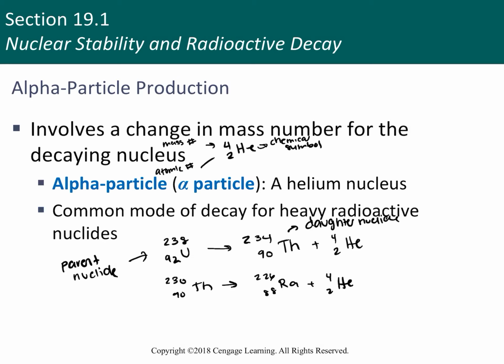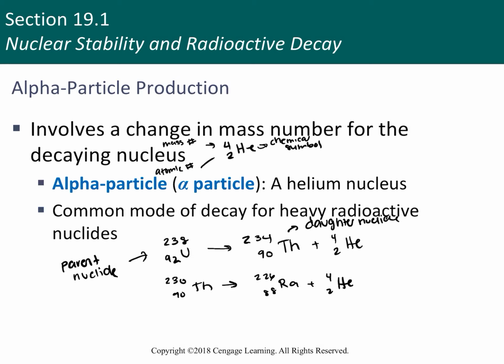Another decay process in which the mass number of the decaying nuclide changes is spontaneous fission, the splitting of a heavy nuclide into 2 lighter nuclides with similar mass numbers. Although this process occurs extremely slowly, it is important for nuclides such as californium, where spontaneous fission is very predominant.